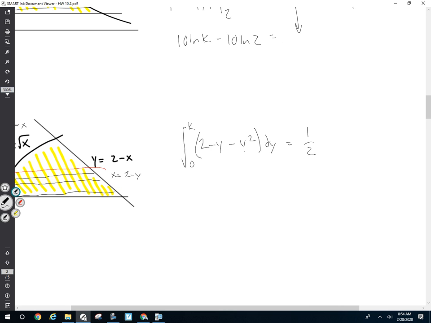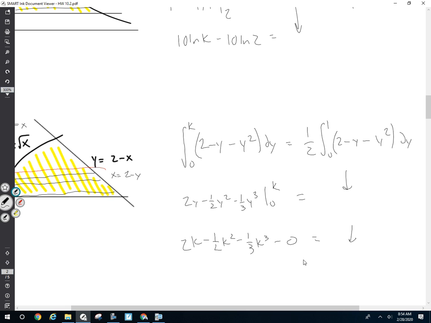So that's half of the integral from 0 to 1 of 2 minus y minus y squared. Okay, so I get 2y minus 1/2 y squared minus 1/3 y cubed from 0 to k equals whatever this is. That's 2k minus 1/2 k squared minus 1/3 k cubed minus 0 equals that, and I'll solve that.